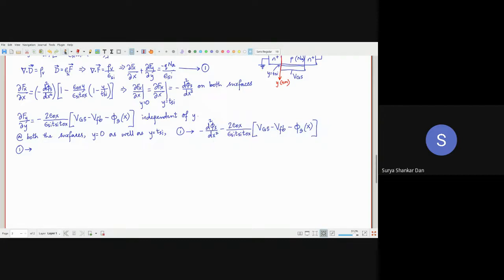Okay, then this term. Nice, right? Now, if you notice that there is one phi s here, there is also a phi s here. The other terms are constant. So let us put them over on the right hand side.